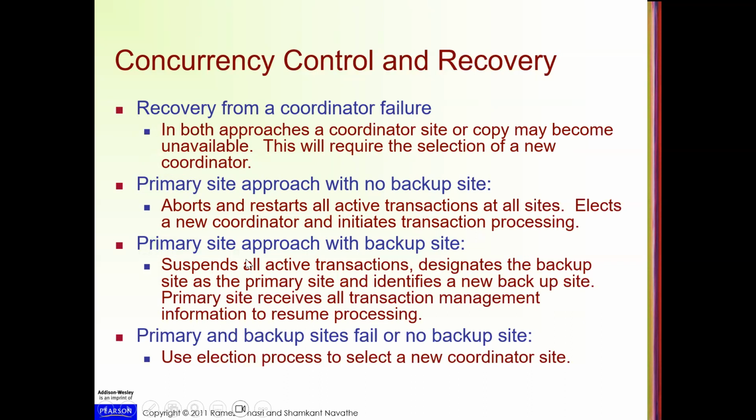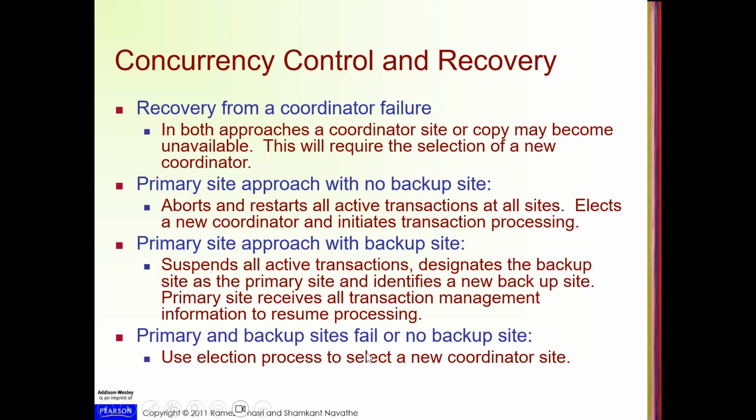This is another issue. Primary site approach with backup site will suspend or stop all the active transactions, designates the backup site as the primary site, and identifies a new backup site. The primary site receives all the transaction management information to resume the processing. So this will happen in the primary site approach with the backup site.